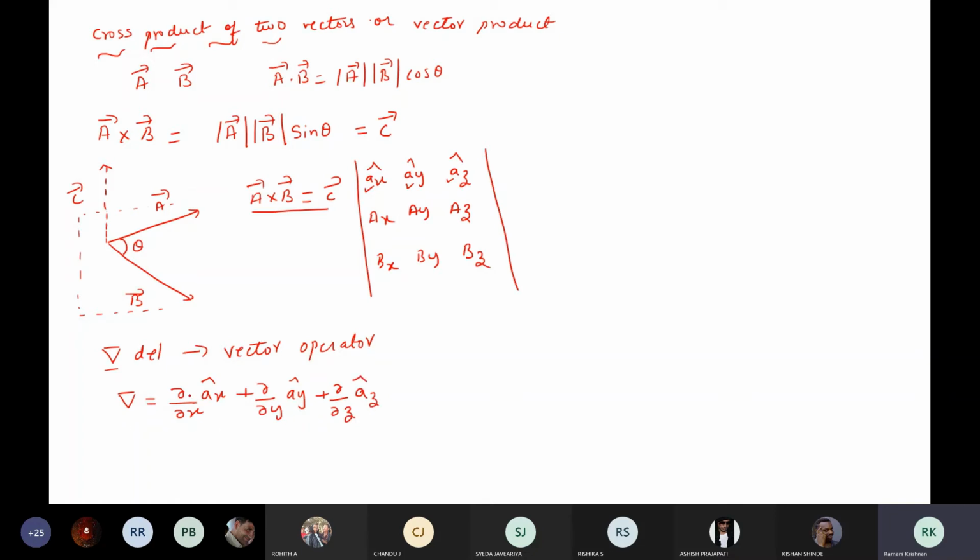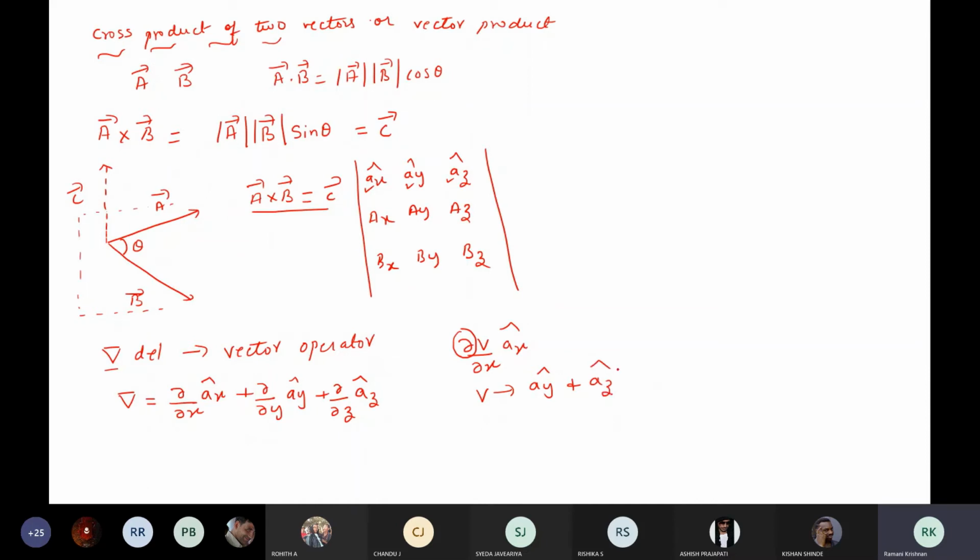Okay, and what is this dou? Dou is partial differentiation. For example, if I have dou v by dou x of ax cap, that means I'm talking about how the velocity is varying in the x direction. Partial differentiation means I'm differentiating the velocity with respect to x, assuming that velocity is constant in the other two directions, ay cap and az cap.